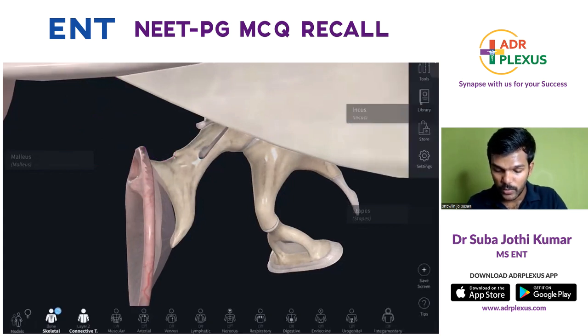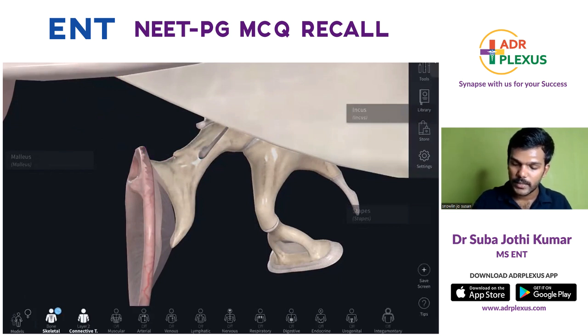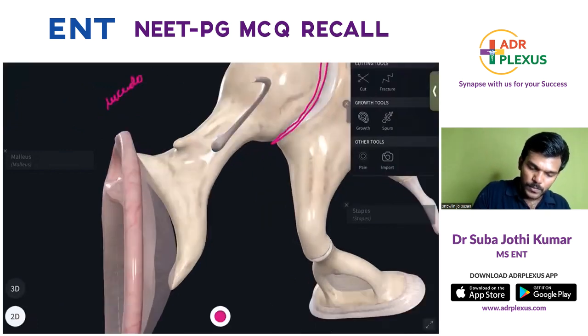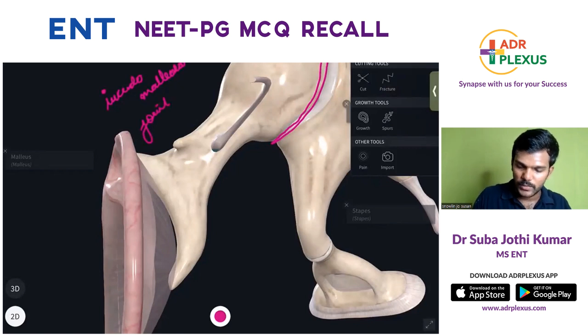Now, the incudomalleolar joint. This incudomalleolar joint is very important. Okay. This incudomalleolar joint is a saddle type of joint.